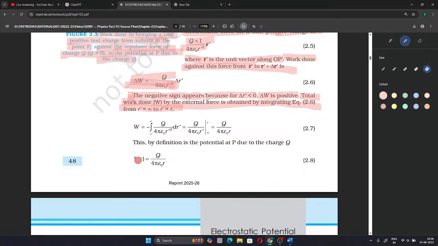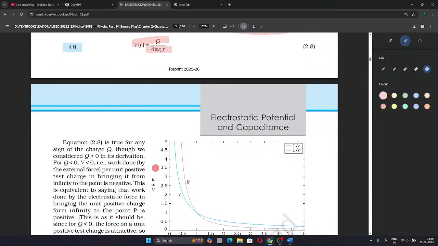What we are finding is basically the potential. This by definition is the potential at P due to the charge Q: V equals Q by 4 pi epsilon naught R.